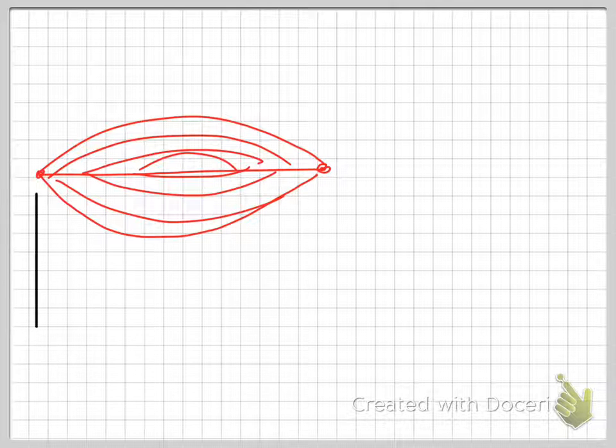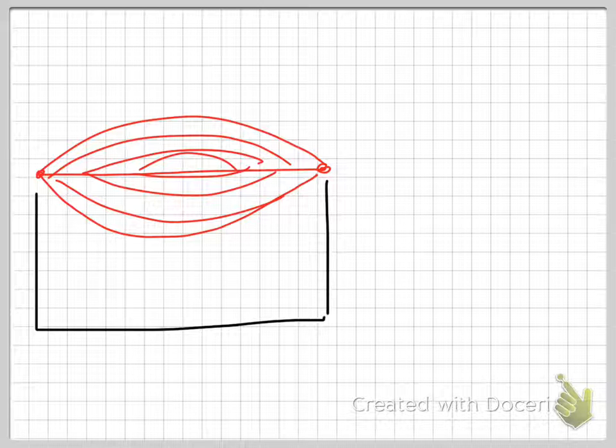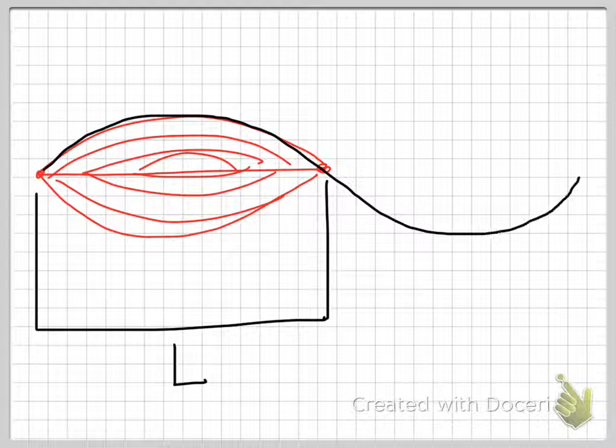So here is the length of the string. Do I have a complete wavelength? No, I don't. Because to get a complete wavelength, remember, I would have to go through one entire cycle of motion. So the wavelength for the first harmonic is actually 2 times the length of the string.